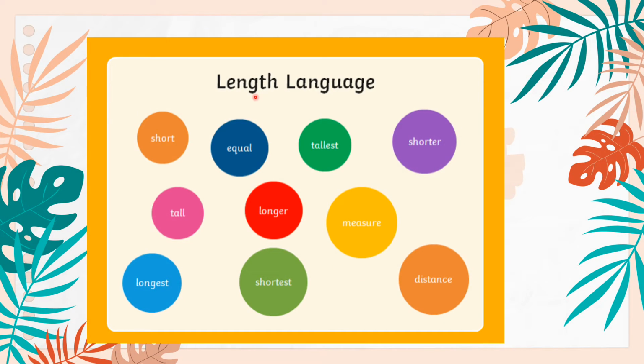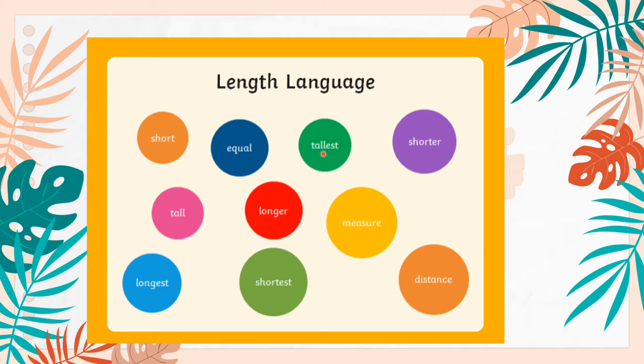Now let's look at some of the length language. What are the different words that we use when we are saying anything that is related to length of an object? We say short, or we say equal.